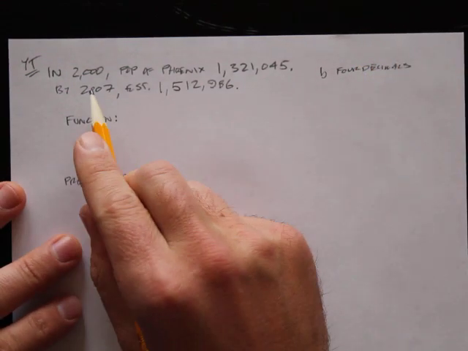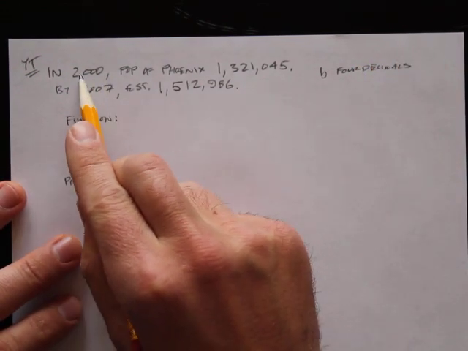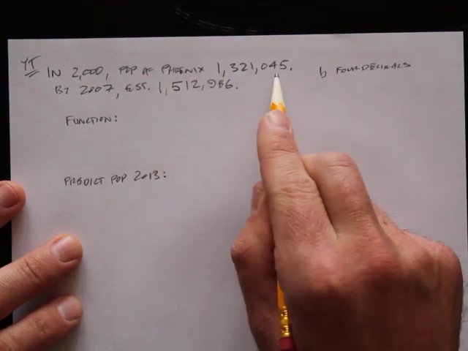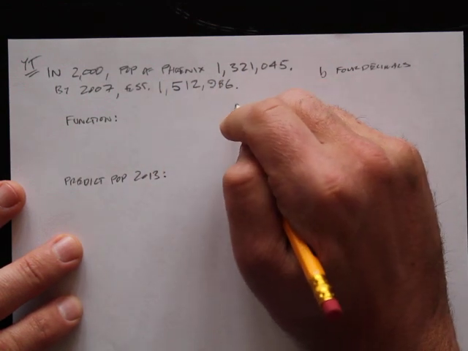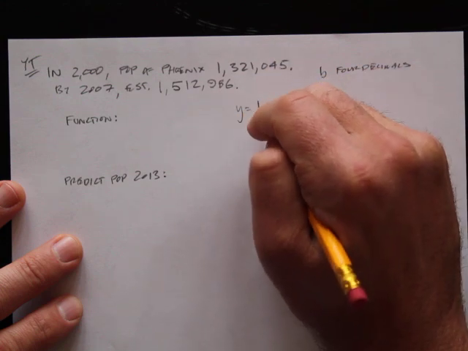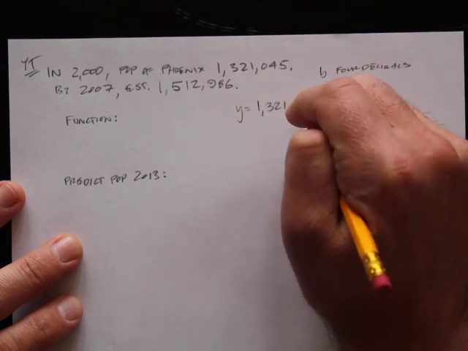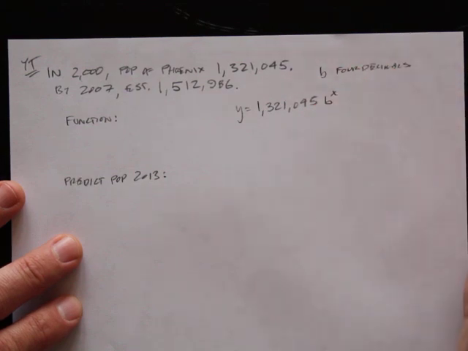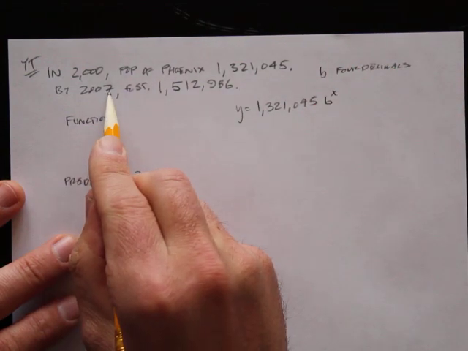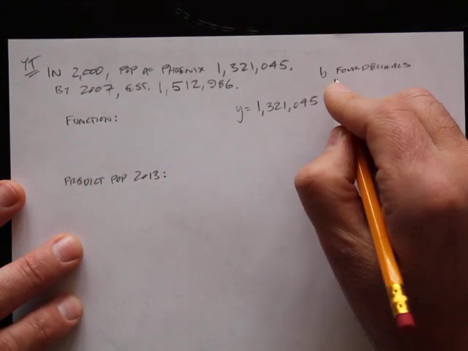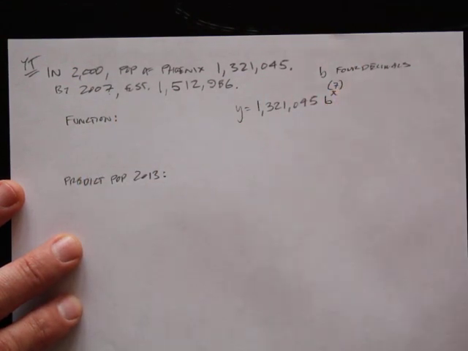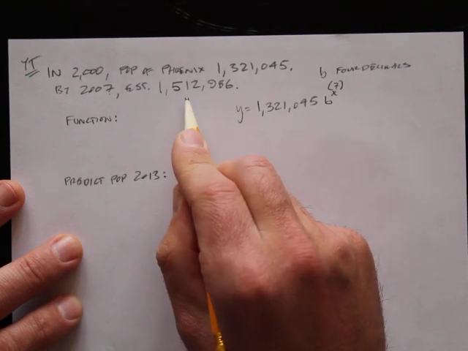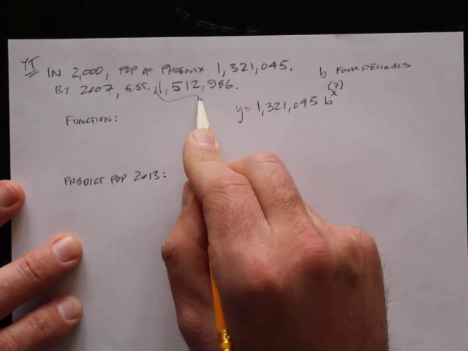Okay, let's see how you did. So in 2001, we're going to call that 0. The population was this much, so I'm going to say y equals 1,321,045 times b to the x power. Now, 7 years later, that's my x value, 7, we're estimated to have this y value here.